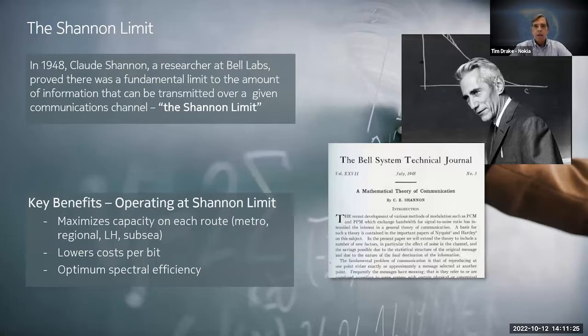Your ILA, or inline amplification spacing, is not going to be exactly the same on every network. So every network is going to have a different Shannon limit. And with the technology that we have today, using several techniques, we are coming very, very close to hitting it.